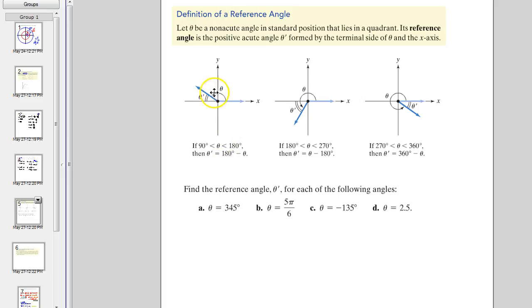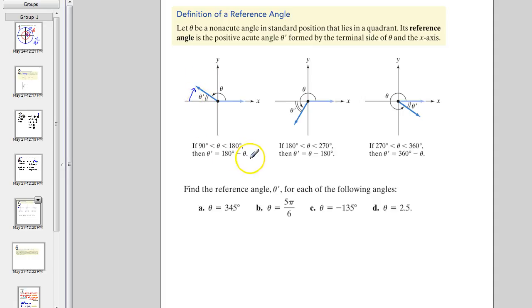So to get a reference angle if you're in quadrant 2, to find that same angle that would have occurred in quadrant 1, what you're basically doing is you're starting from 180 or pi if it's radians, and you're going back whatever this theta prime is, which is the notation we use for a reference angle.